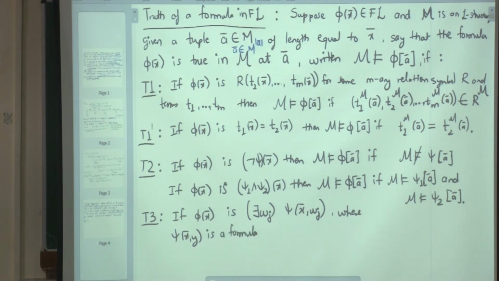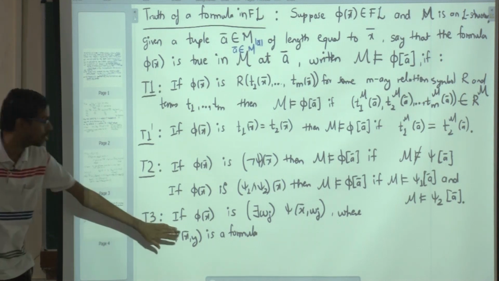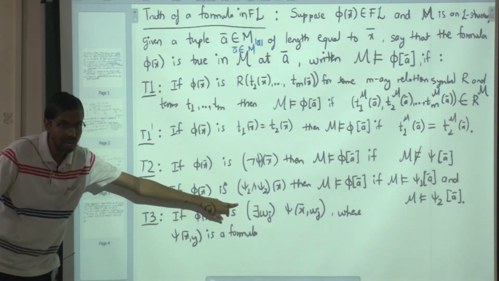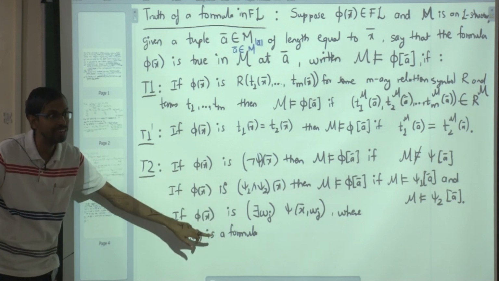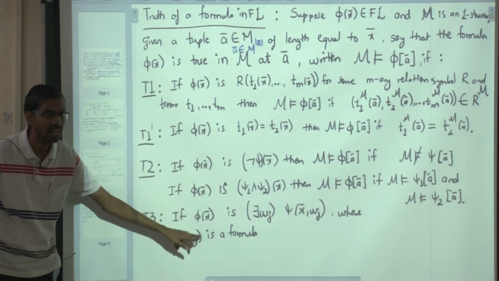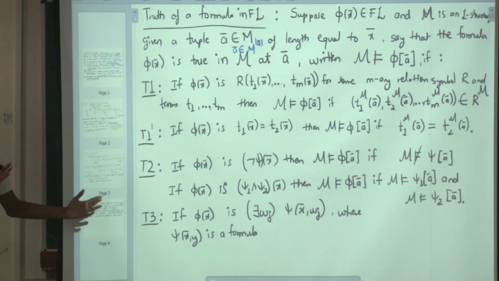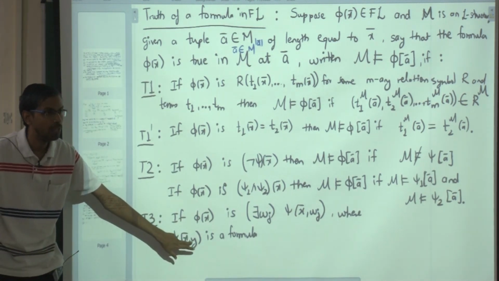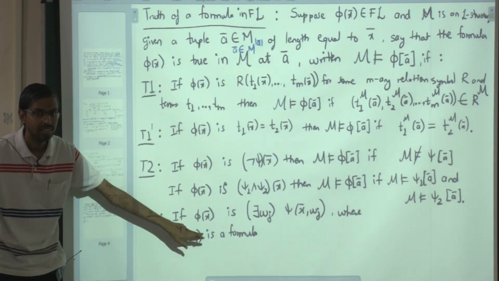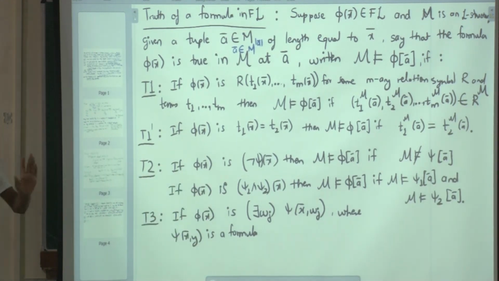What did I do? Psi x bar y is a formula, and this formula is obtained by replacing variable y by Wj and then putting a quantifier. So this is more appropriate. I am not saying Wj replacing y. I am simply replacing Wj in place of y. That's more appropriate.